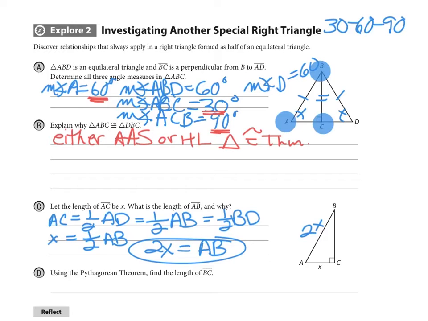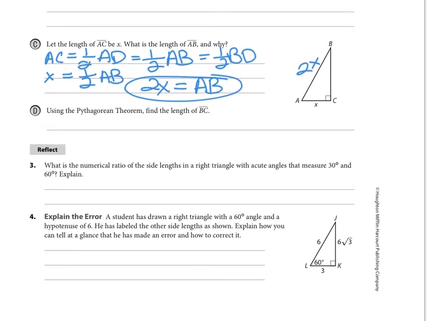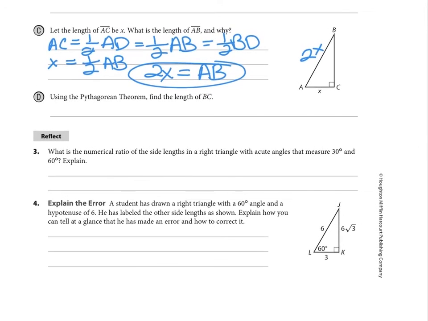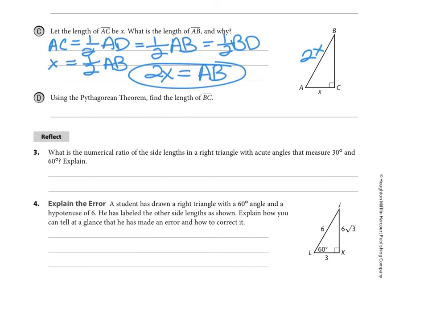Now, just like before on page 709, as we use Pythagorean theorem to figure out the length that's missing here, the length of BC, this is what we're going to see. So I'm going to scroll up here so we can just focus on the diagram that we have in front of us for C. And using Pythagorean theorem, and you guys, I'm going to call this BC length a, we'll say.